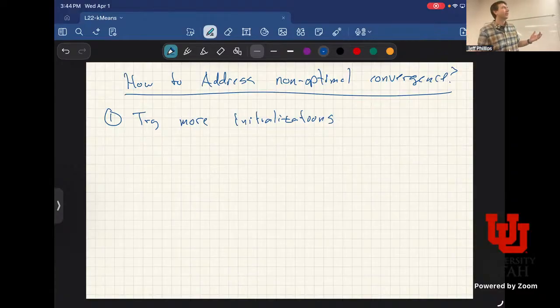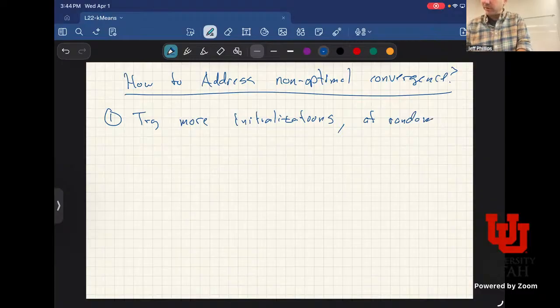So how do I make sure it's a different initialization? I would repeat the algorithm a certain number of times, randomizing which points you pick for your initialization. All right, great. So try more initializations and do this at random.